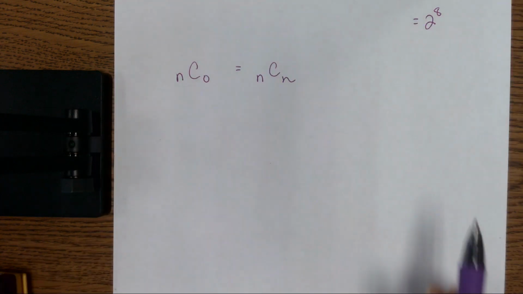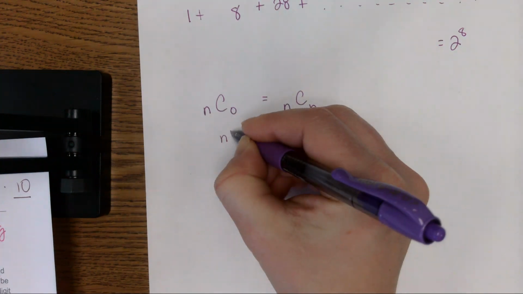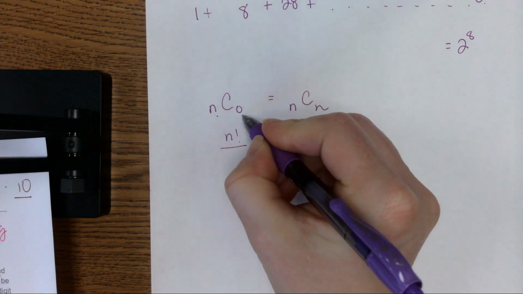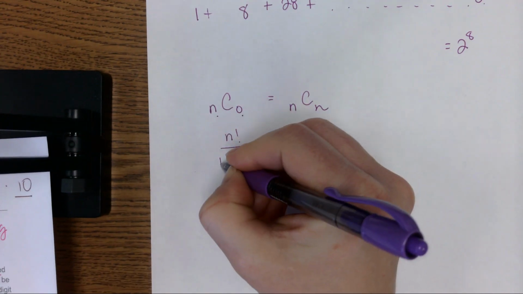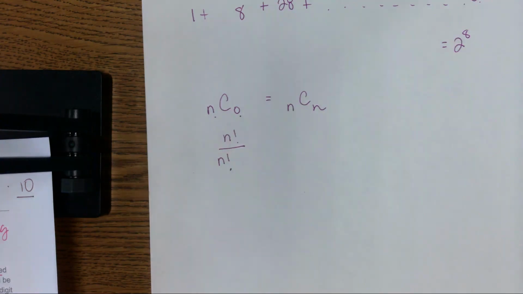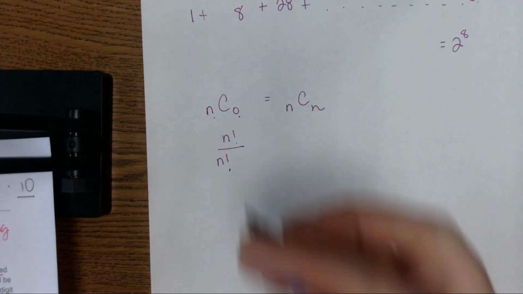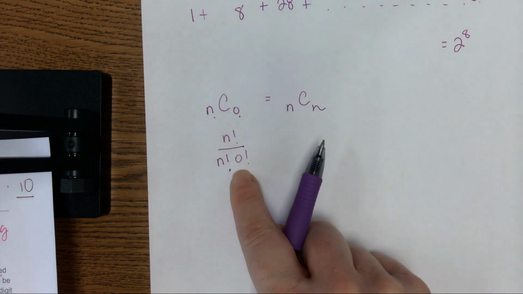So this would be n factorial over n minus 0 factorial, over 0 factorial, and hopefully this brings up that 0 factorial is not 0, it's 1.